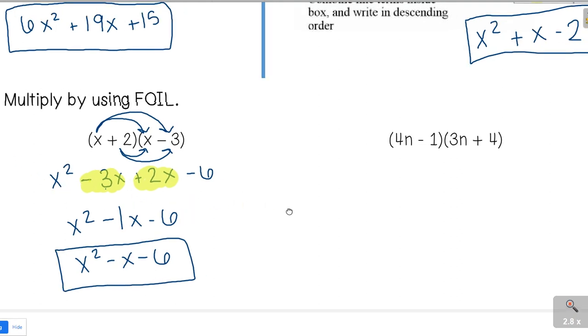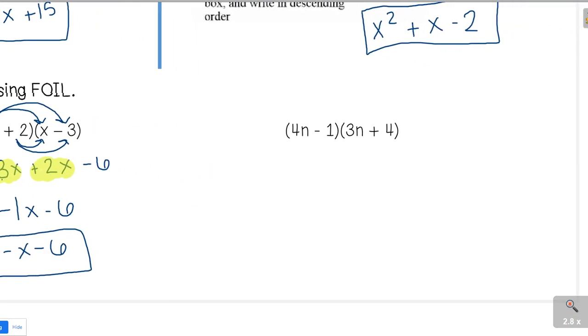Okay, the next problem. We're using FOIL again. So take 4n times 3n. 4 times 3 is 12. N times n is n squared. 4n times 4, 16n. And we do negative 1 times 3n, so minus 3n.